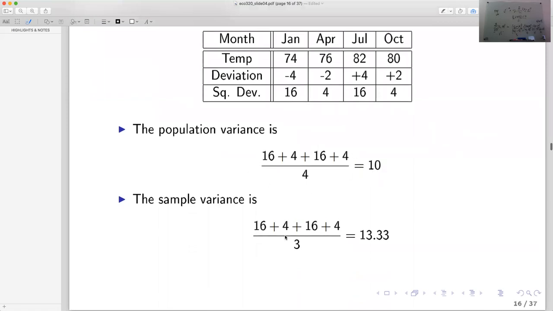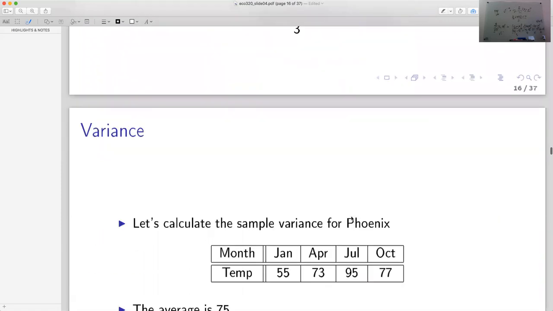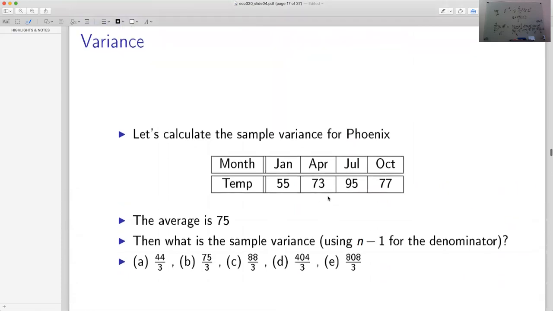And the sample variance was divided by 4 minus 1, so it's a little bit different, right? So again, let's say you have this one for Phoenix. You have an average of 75, which is calculated from 55 plus 73 plus 95 plus 77 divided by 4, right? So what is the sample variance? Now I'm asking you to find the sample variance instead of the population variance.